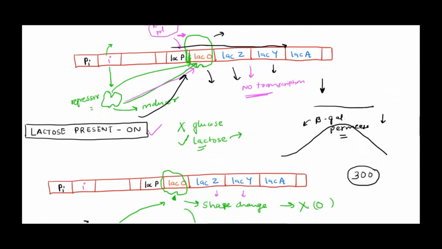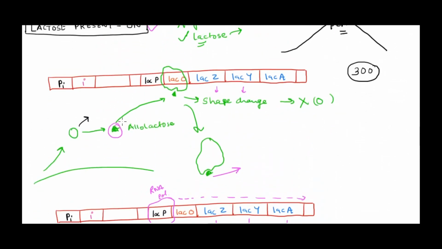Now one more question that comes to my mind is, why can't lactose directly go and bind to the repressor? Why does it have to be converted into allolactose? I did not find an exact reason that could convince me completely, but what I found is that it is to avoid unnecessary gene expression if there is only a very low amount of lactose present in the medium.